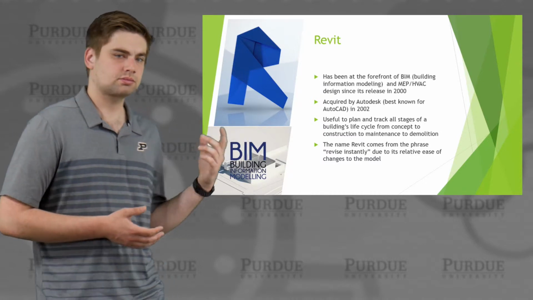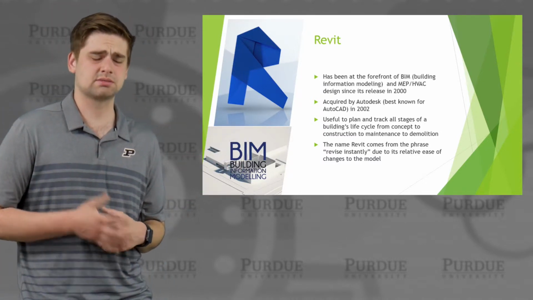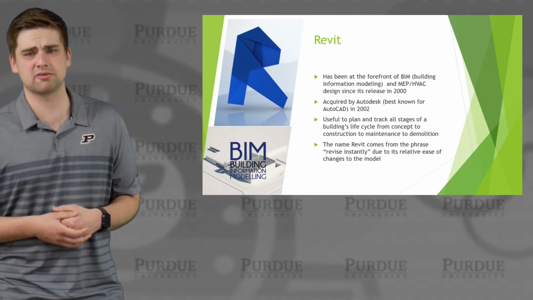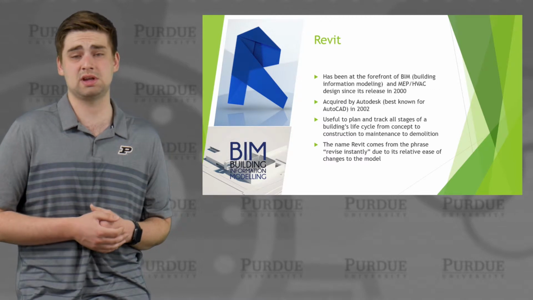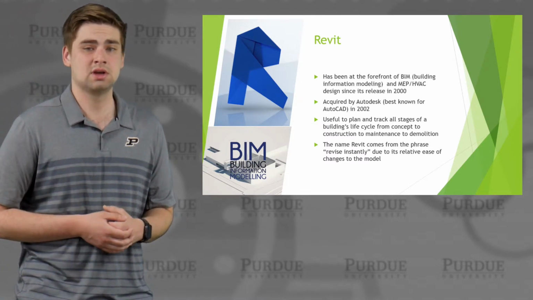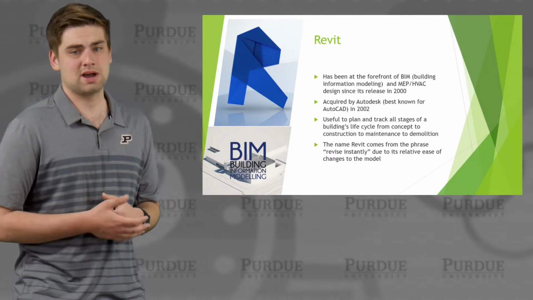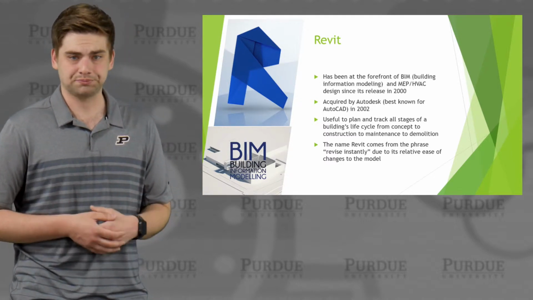So Revit, as you can see here, has been at the forefront of building information modeling and MEP HVAC system design since its release in the year 2000. In 2002, it was acquired by Autodesk, which is best known for their product AutoCAD.